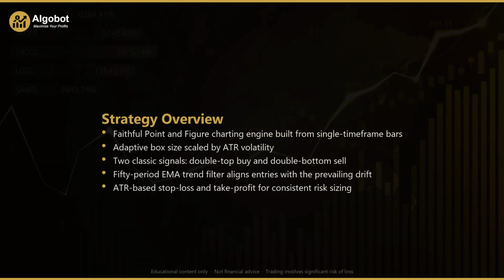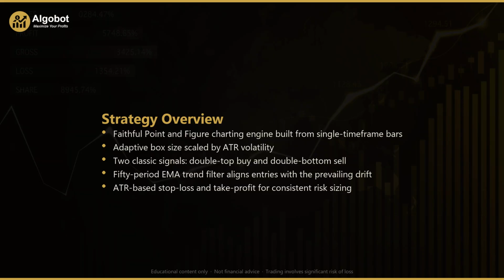So what exactly does this expert advisor do? At its heart, Point Figure Column Breakout is a faithful point and figure charting engine, driven from ordinary single timeframe price bars. Point and figure is a remarkable idea from the early days of technical analysis. Instead of plotting one bar for every unit of time, it throws time away completely and focuses only on meaningful price movement.